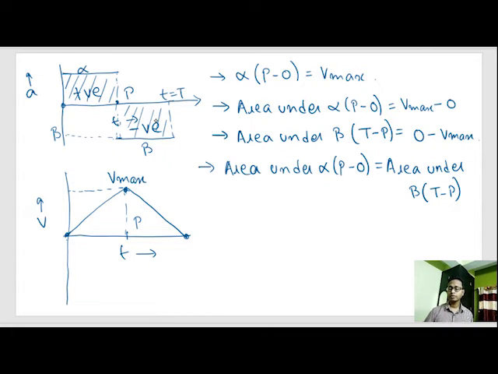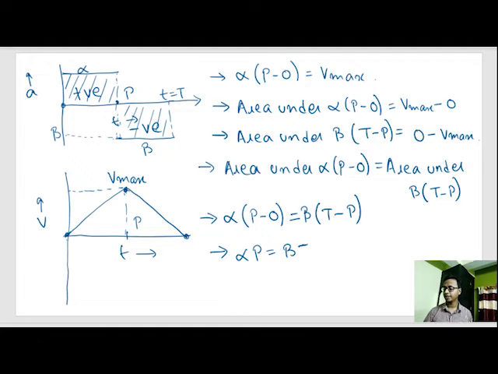Okay, so we can say alpha into p minus 0 is equal to beta into t minus p, or you can write this as alpha p is equal to beta t minus beta p.